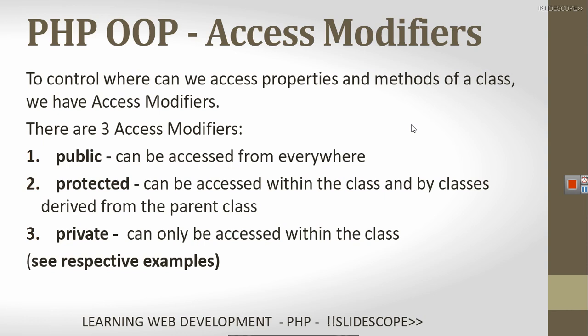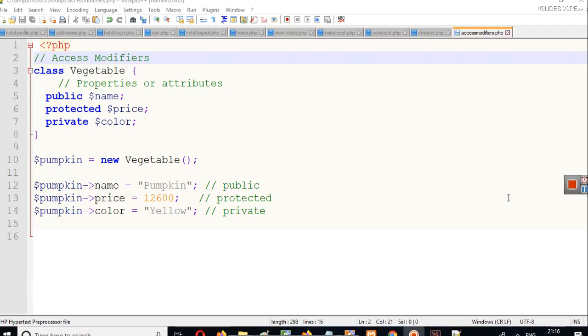Now let's see some respective examples. In this chapter I will give you a very basic example, mainly of public, private and protected properties. So I am creating a new class here in my code at line number 3, called vegetable.